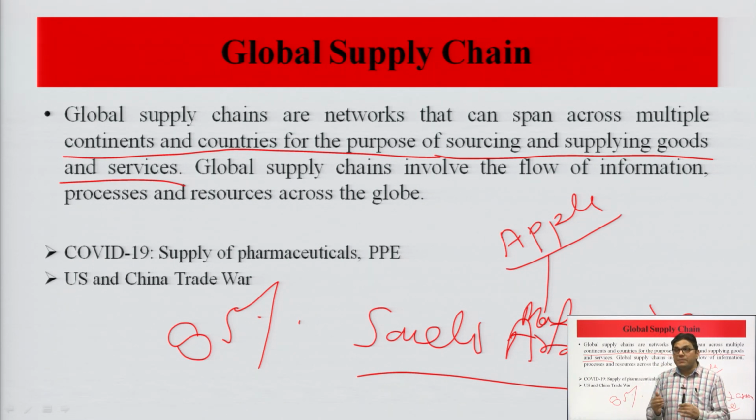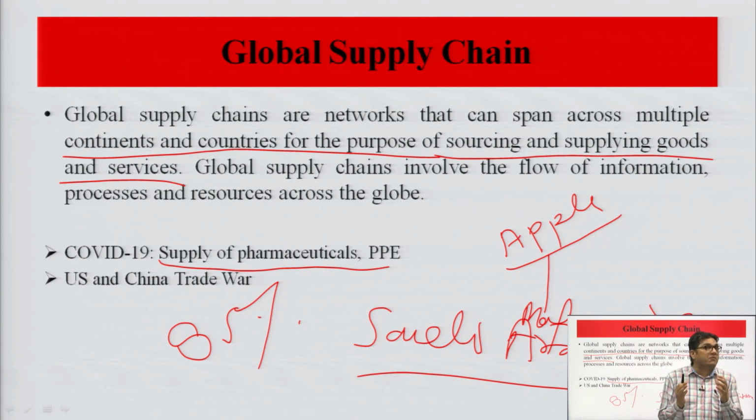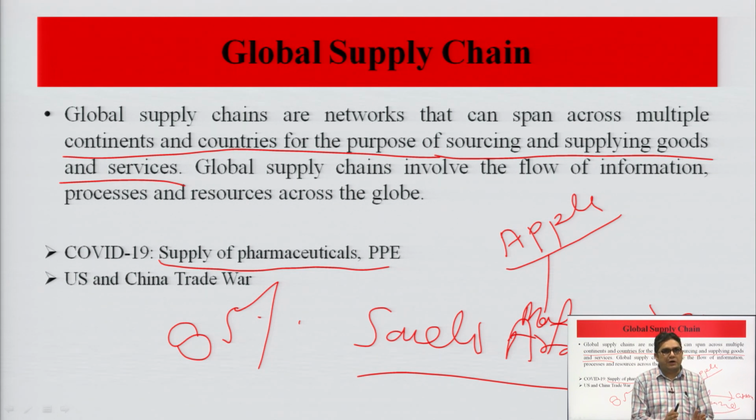Similarly, we have seen during COVID-19 that supply of pharmaceutical products and personal protective equipment has become important. China is exporting 40% of the pharmaceutical requirement to Africa, 54 countries of Africa.